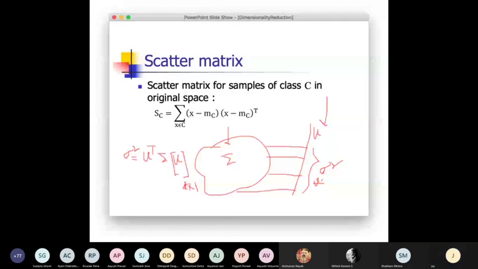Clear? What should be the dimension of sigma? D cross D. Yes. And what is the dimension of U transpose? It should be 1 cross D.